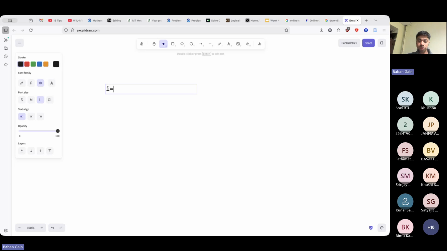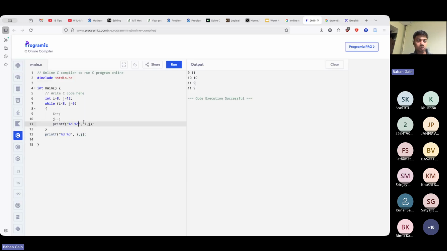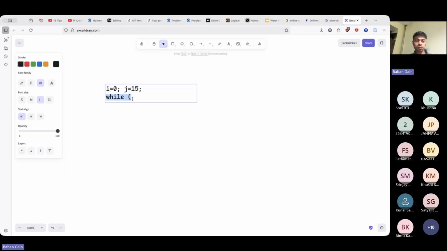Int i equal to 0 and j equal to 15. Let's say we have a while loop. I think I have the question somewhere. Okay, this is the program in question.